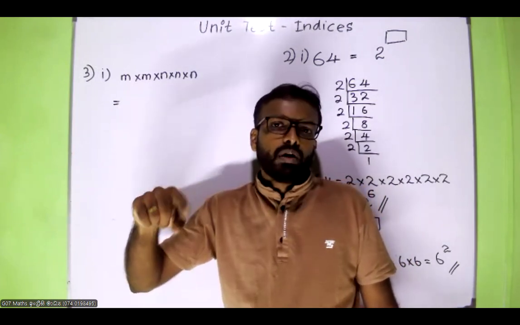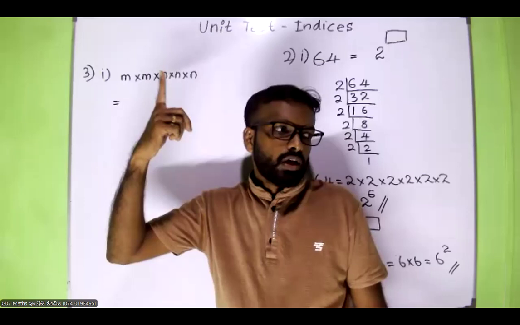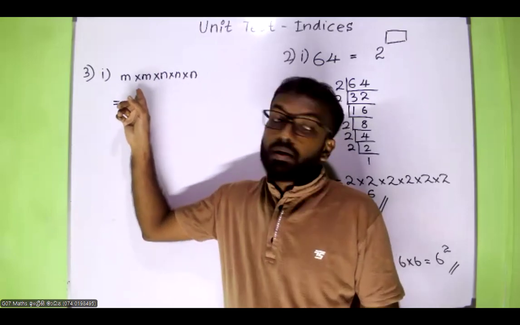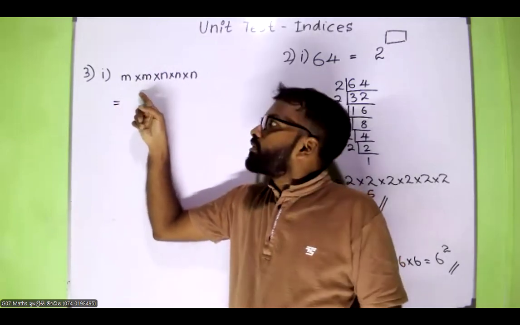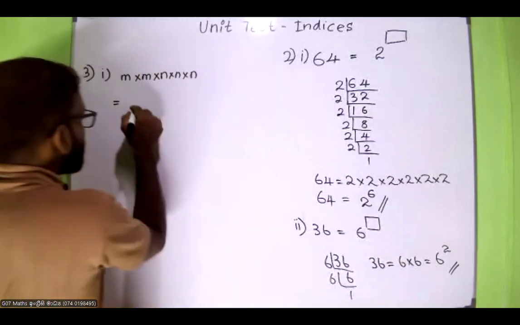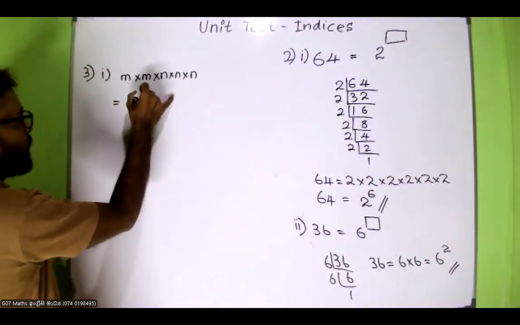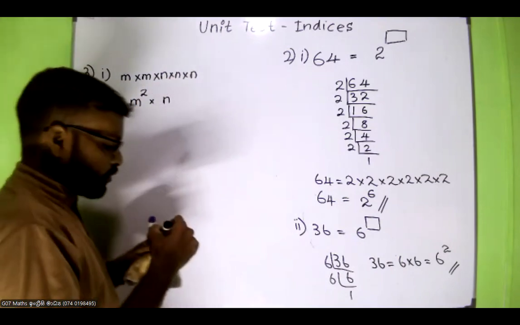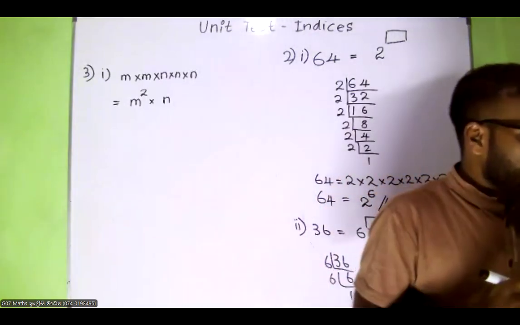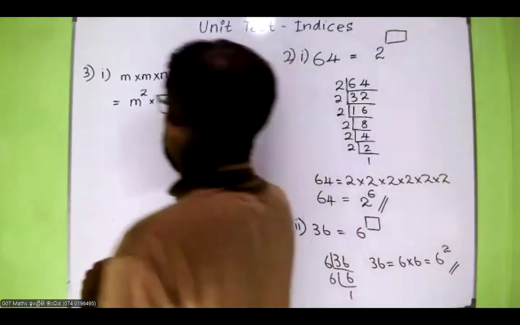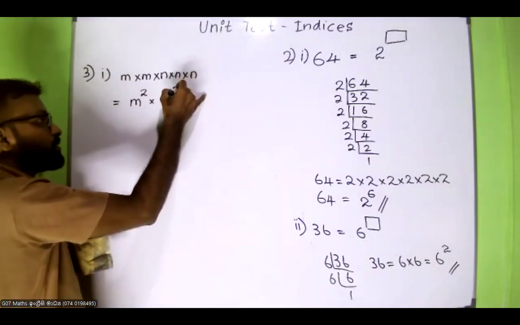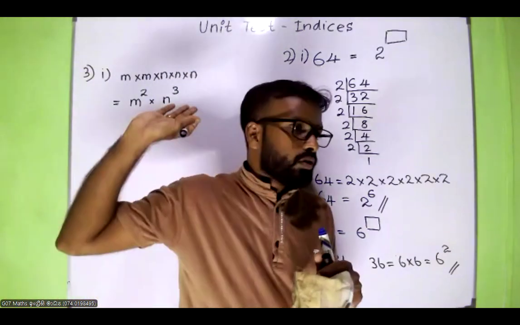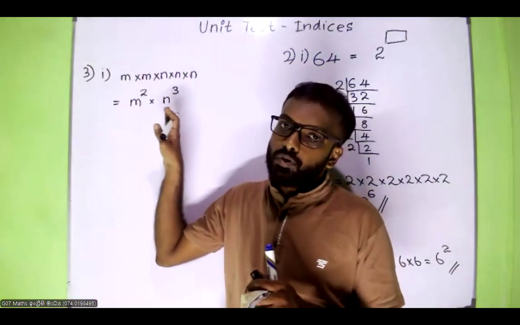M to the power 2. So tell me the other one as well. Multiply. Here you have N. How do you fill the index? N to the power 3, because N has been repeated 3 times. So this is how we write this using index form.